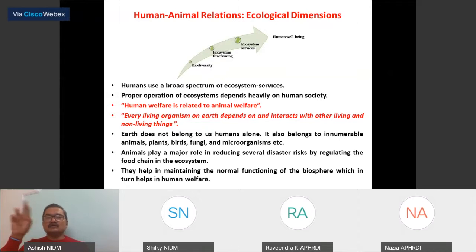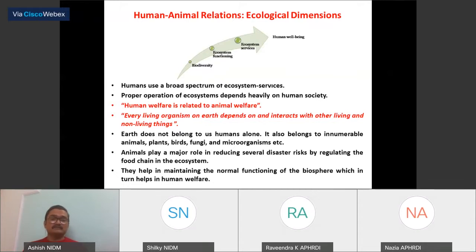Every living organism has some connection with each other so that this pyramid gets perfect and complete. We should learn the importance of every species with respect to other species' existence on this mother earth. Earth doesn't belong to us only, it belongs to all other species, all other biodiversity. We should be aware of that.